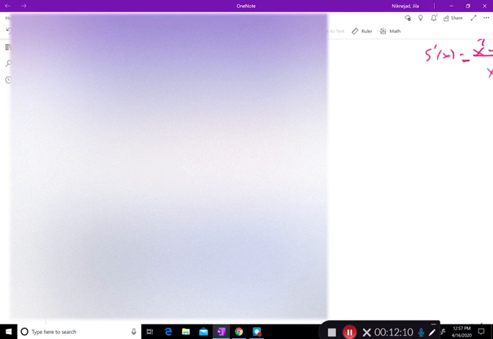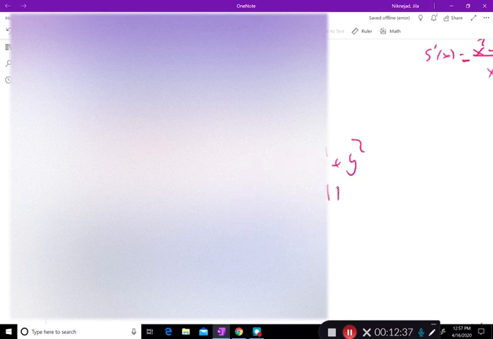So the objective, let's say Q, is equal to x squared plus y squared. The constraint is x plus y equal to 16.